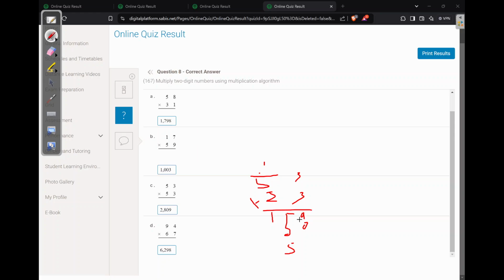Okay, now that's 15 too. Now here's 15. Wait, no, here's 5 times, okay, 5 times 5 equals 25. Now we plus it. 9, 0, 2. The answer is 2,809.